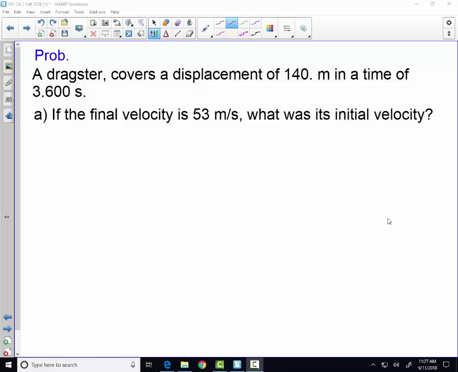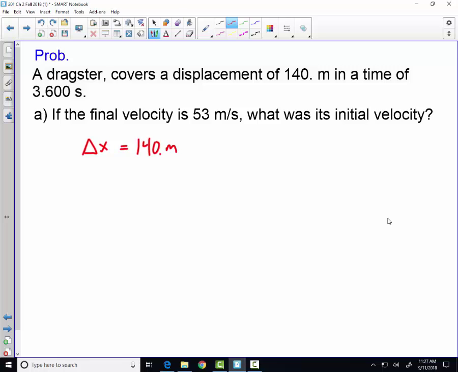A dragster covers a displacement of 140 meters in a time of 3.600 seconds. If the final velocity is 53 meters per second, what was its initial velocity? So we start off with given displacement is 140 meters.